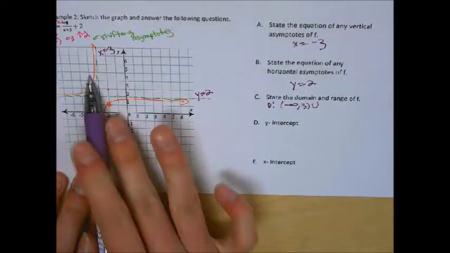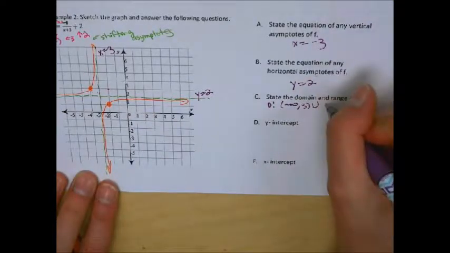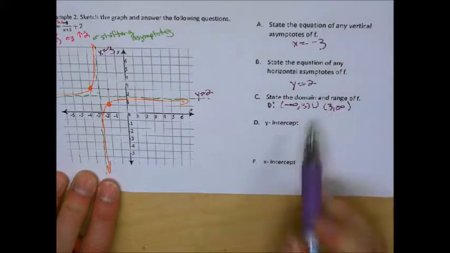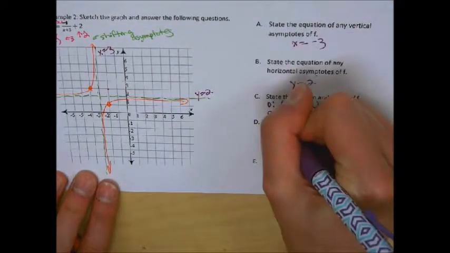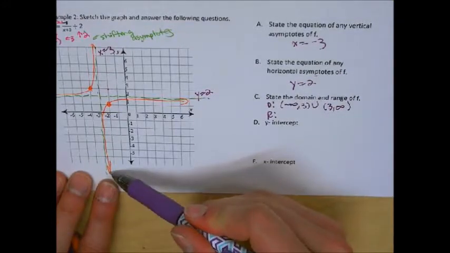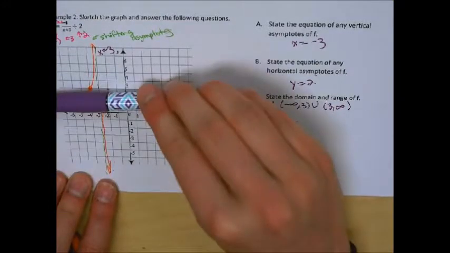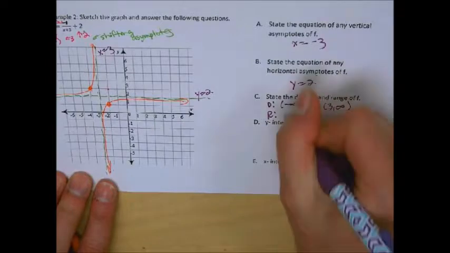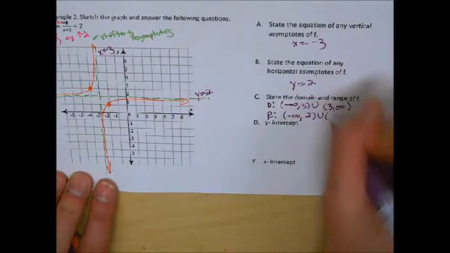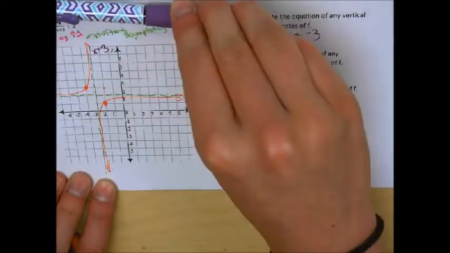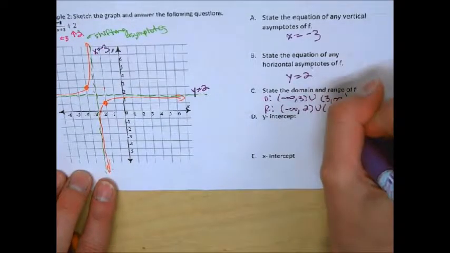And then we pick back up at -3 and go to positive infinity. Again, note that -3 comes from where our asymptote is. Our range, we start at negative infinity, but then we take a pause at our asymptote of 2. We pick back up at 2, and the orange curve continues to positive infinity.